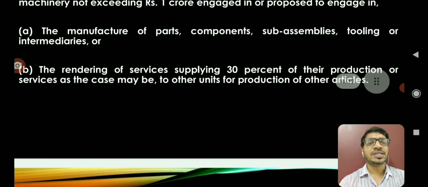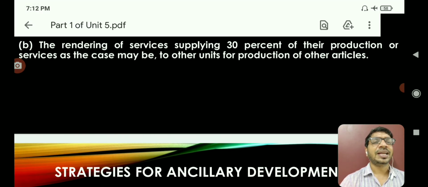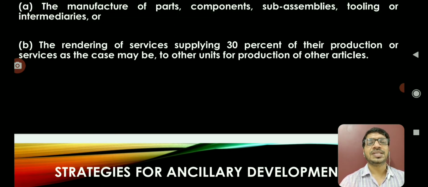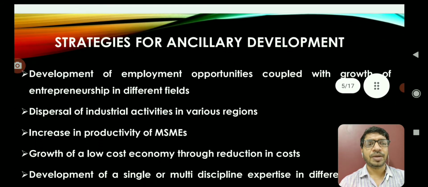Or the rendering of services, supplying 30% of their production or services as the case may be, to other units for production of other articles. If it is a manufacturing company, 50% of the components must be supporting components to be supplied to some other parties. If it is a service company, a minimum of 30% of the production should be supplied to various companies.